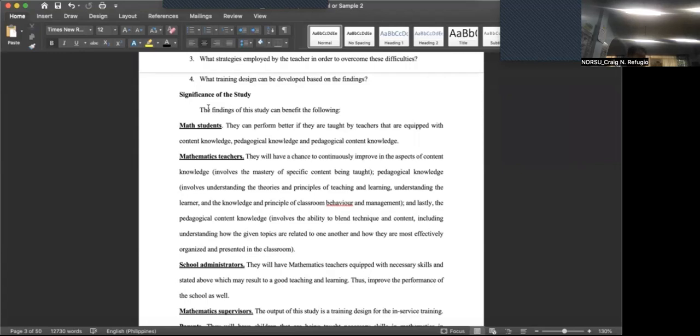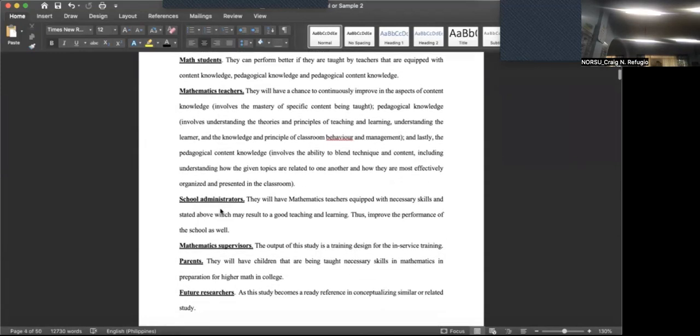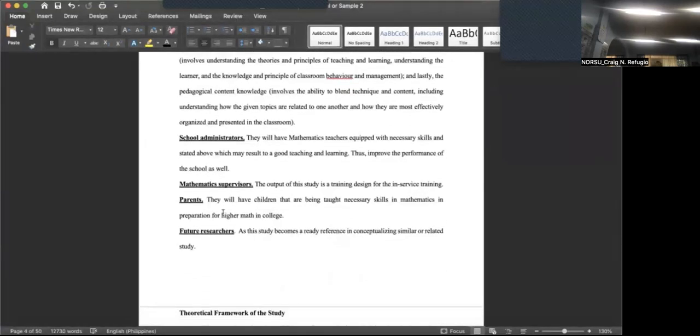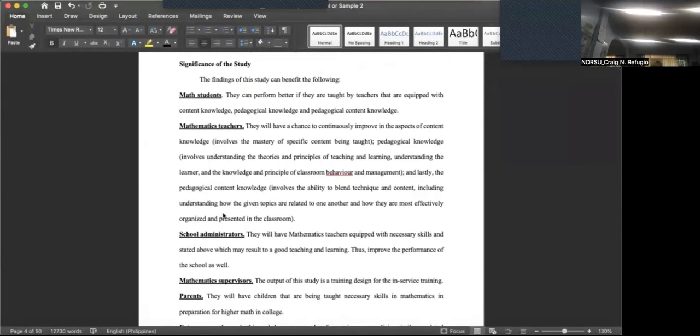In the sample model, the different beneficiaries are math students, mathematics teachers, school administrators, mathematics supervisors, parents, and future researchers. You have a copy of this model, so you can read the specific content of the different beneficiaries of the findings of the study.